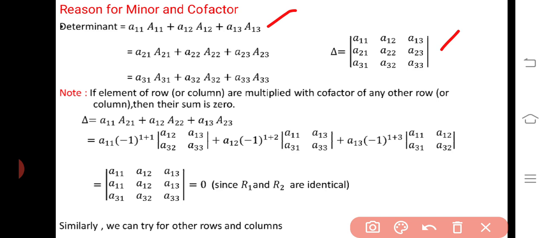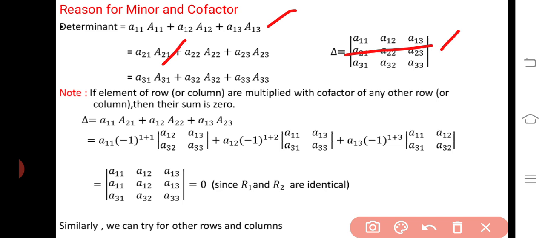Similarly, if you take the second row, then A21 into cofactor of A21 plus A22 into cofactor of A22 plus A23 into cofactor of A23.